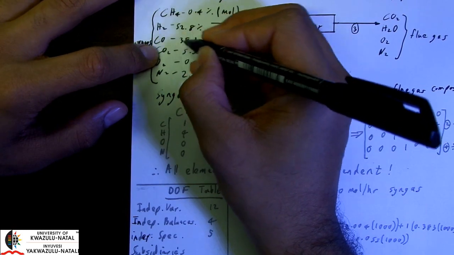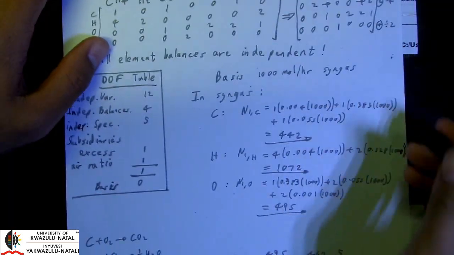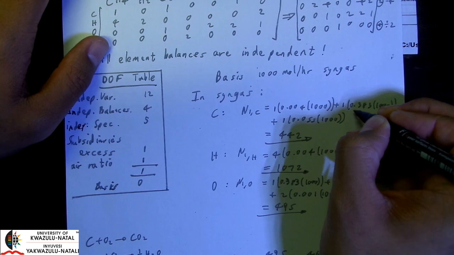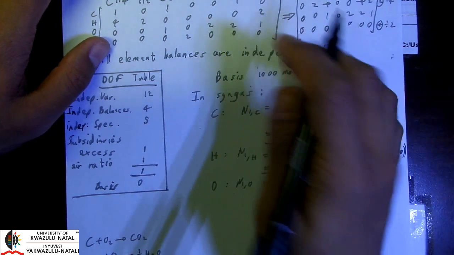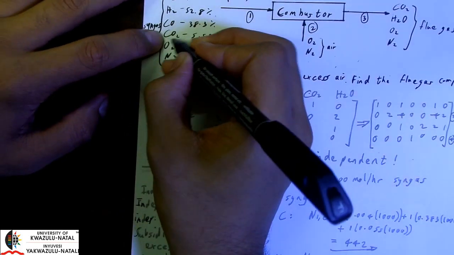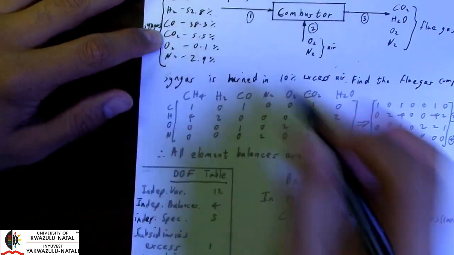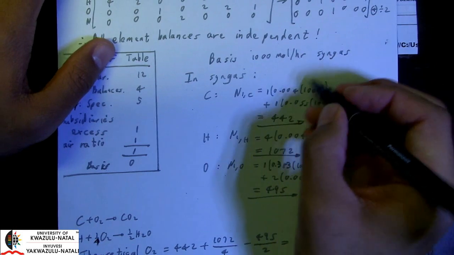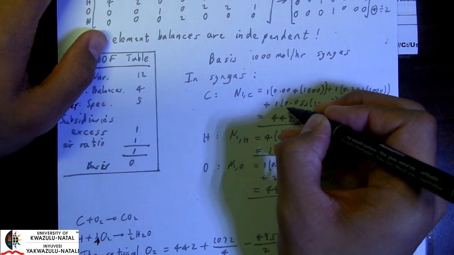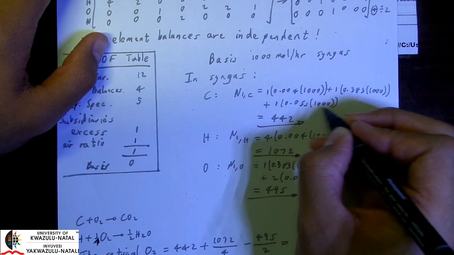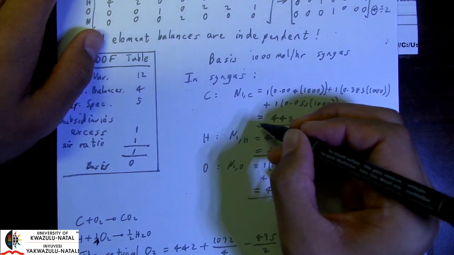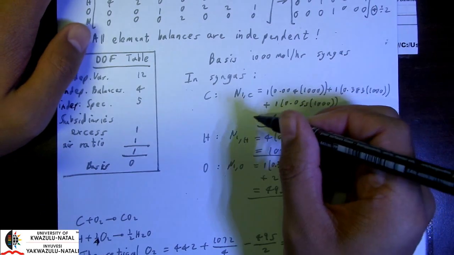There is 1 mole of carbon in CO. So that's 1 multiplied by 0.383 multiplied by 1000. There's also carbon in CO2, okay, at 5.5%. 1 carbon for 1 mole of CO2, so that's 1 multiplied by 0.055 times 1000. Okay, so that's my moles of carbon in the syngas.